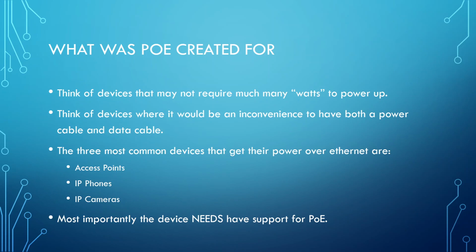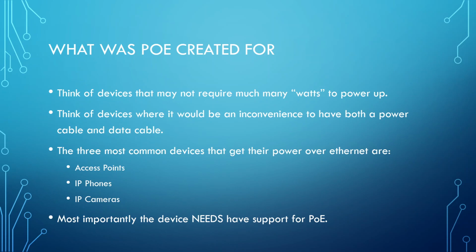However, there's a data point near there, and it's easy to run an Ethernet cable from the data point into the camera. That's how Power over Ethernet was born: to allow us to provide power to devices which, A, don't need a lot of power to power up, and B, where it may be an inconvenience to install a power supply. It allows us to use a single Ethernet cable to give the device network access and to supply that device with power.